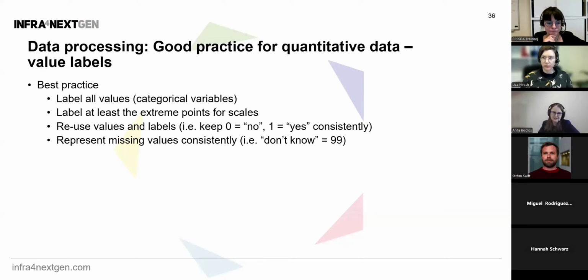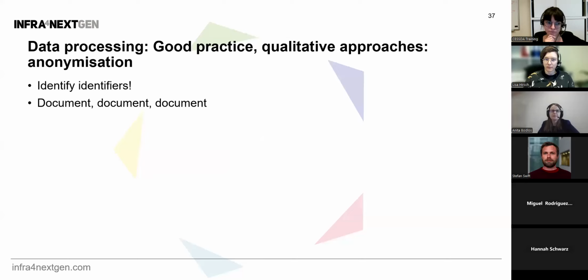So although it's very convenient to work with system missings, it's more reusable to label missings or different kinds of missings with actual numbers, as we use numbers instead of system missings, and label them accordingly. Also here, codebooks are essential so that you and others keep track of what the individual values of your data stand for.